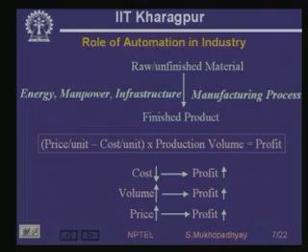And at the same time, if you can sell a given product at a higher price, then also your profit will increase. So now let us see how automation can bring down cost, can increase production volume, and sometimes can increase price.